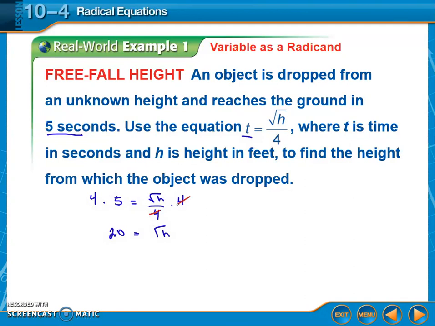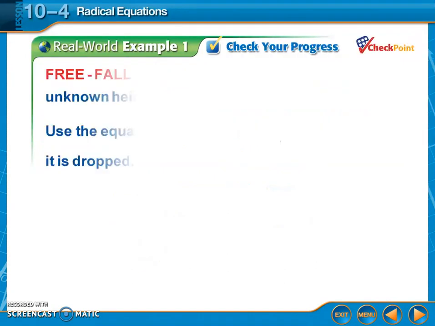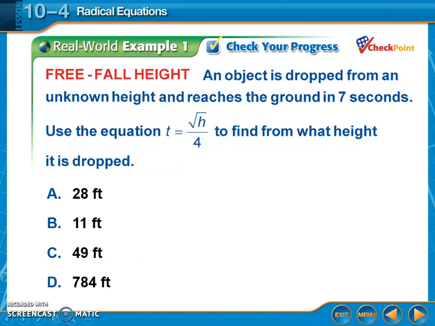Now I have the square root by itself, so I want to get rid of the square root, and this is where squaring both sides comes in. 20 times 20 is 400, that's 20 squared, and the square root of h squared is just h. So the height from which the object was dropped was 400 feet above the ground. You guys try and solve this one.